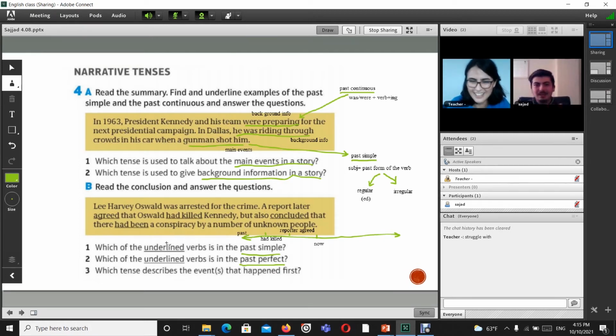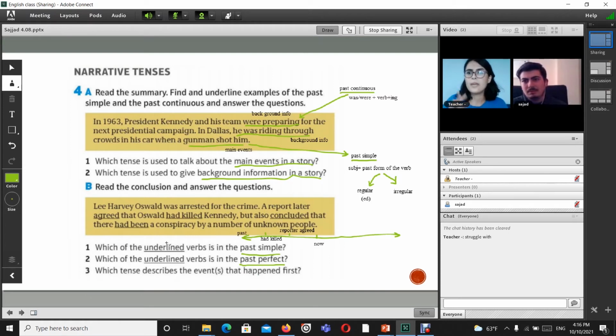I know what you're talking about. If it is a story and you are just talking about things, one thing happening after another, you don't even need past perfect. Have you seen it in stories?